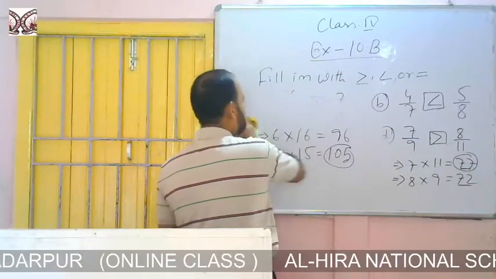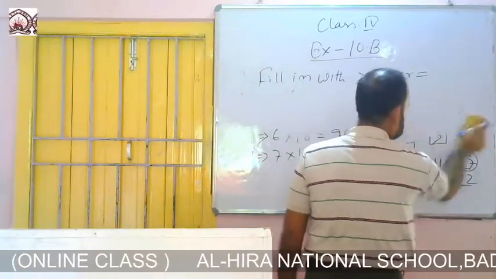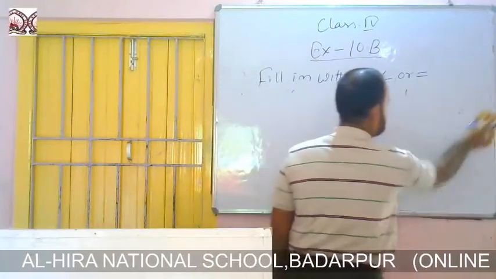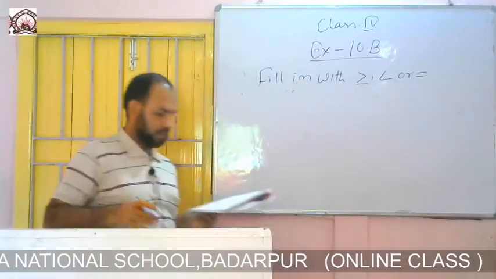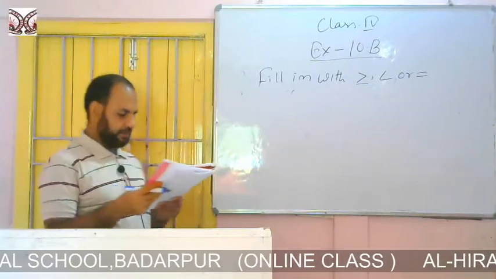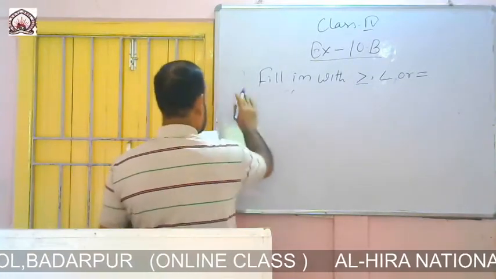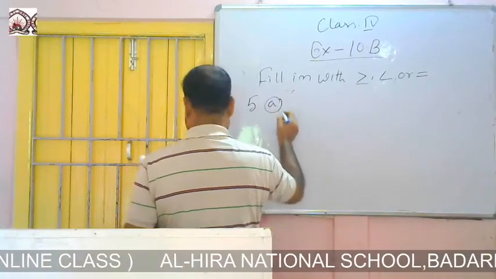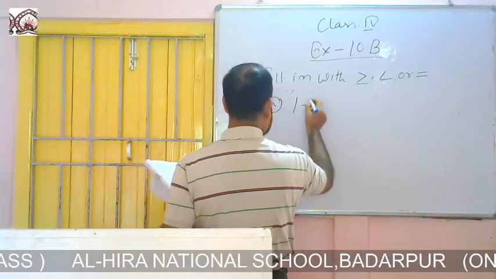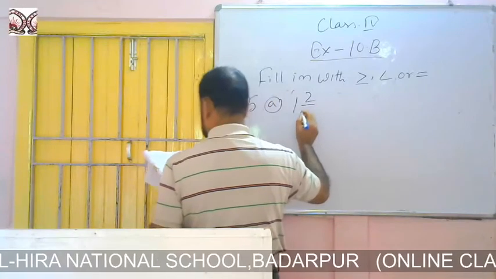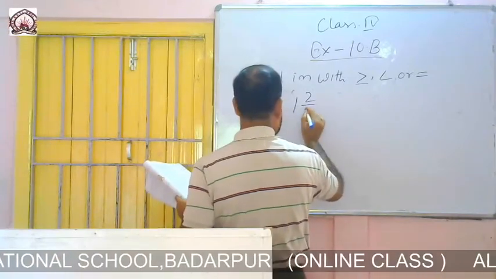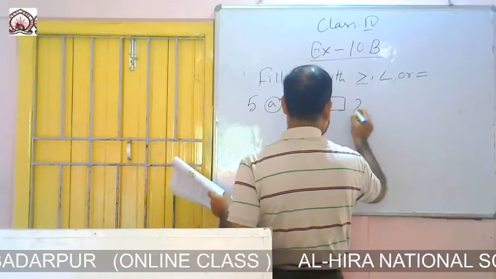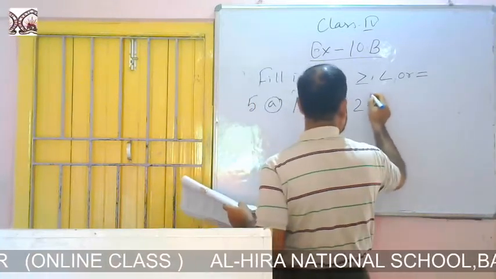Next, question number 5, mixed fraction. Compare mixed fractions. Question number A, 1 2 by 3 and 2 2 by 3.